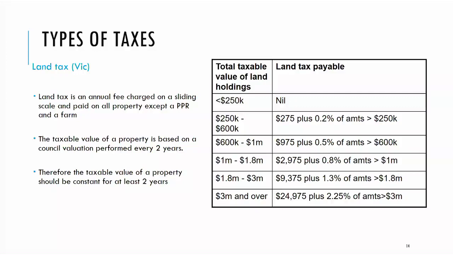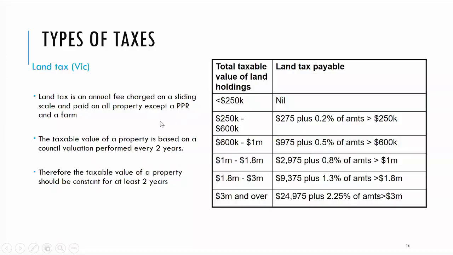Actually, owner-occupiers do not pay land tax. PPR means principal place of residence. It means owner-occupier, your main residence. You don't pay land tax on your residence. But for an investor, if he or she has three investment properties, the amount charged is calculated by the total value.